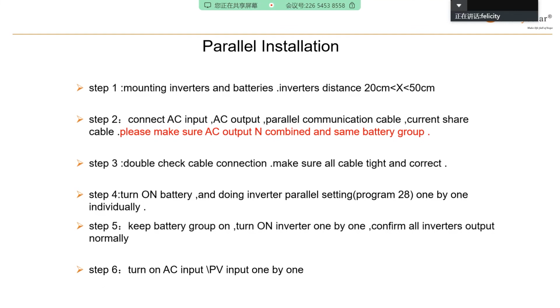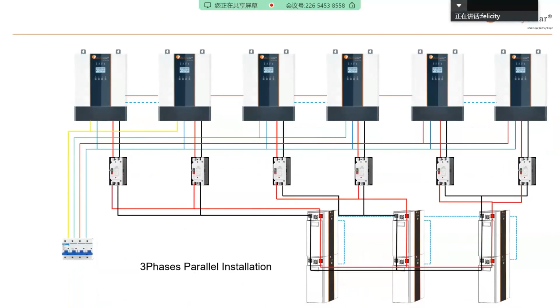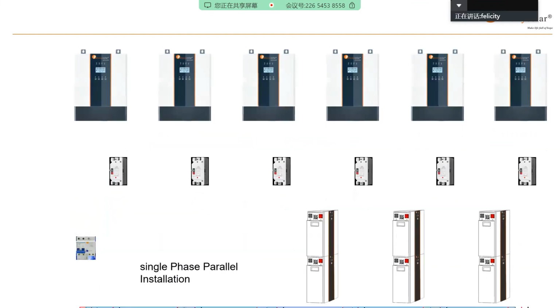I believe if you follow all these steps and check the user manual carefully, there will not be any mistake. So this is today's inverter part introduction.